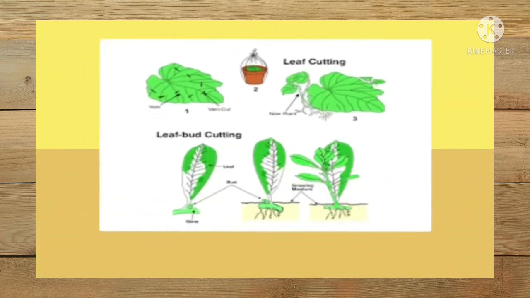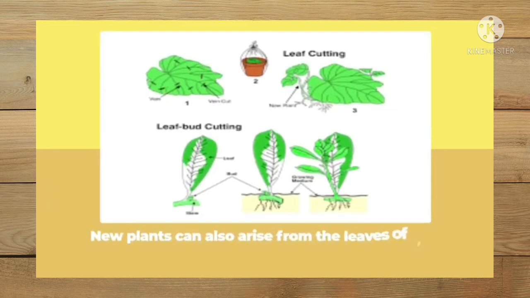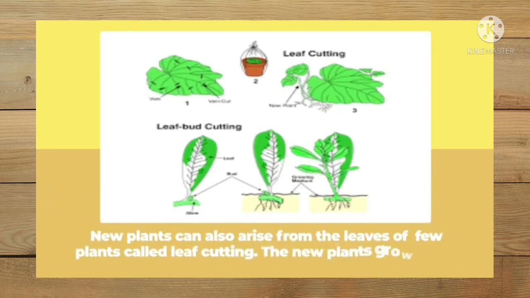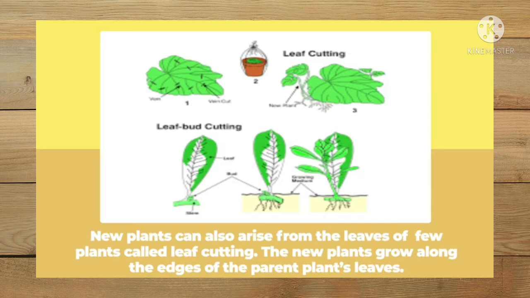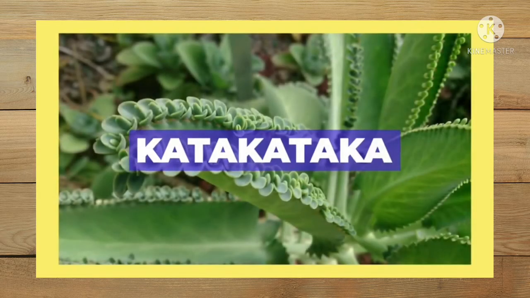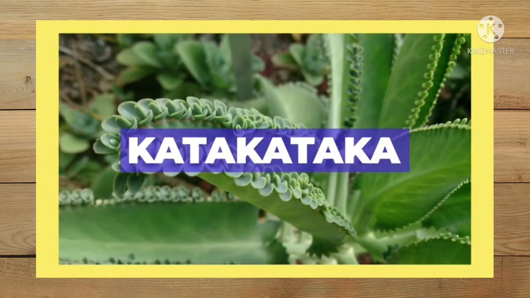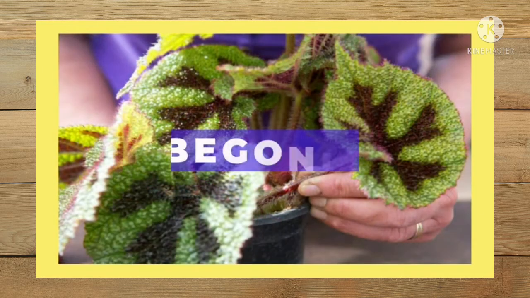New plants can also arise from the leaves of a few plants, called leaf cutting. The new plants grow along the edges of the parent plant's leaves. Examples of leaf cuttings are katakataka and begonia.